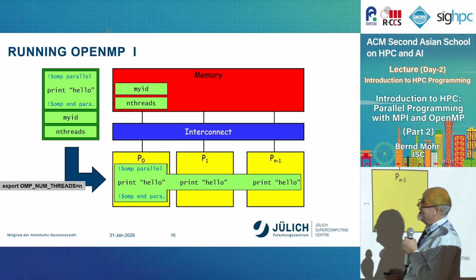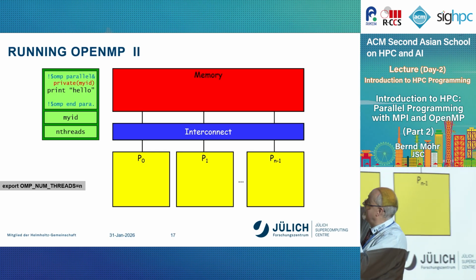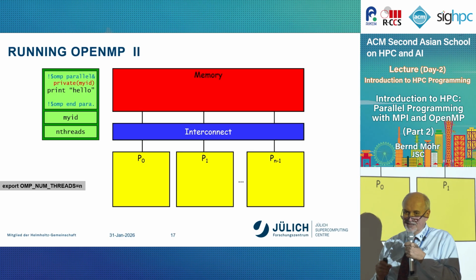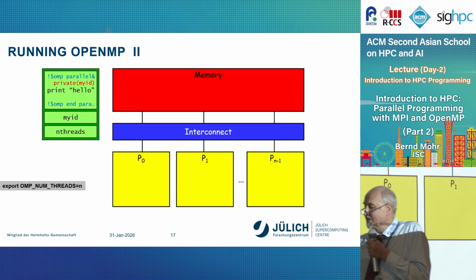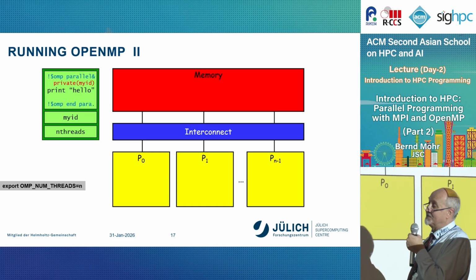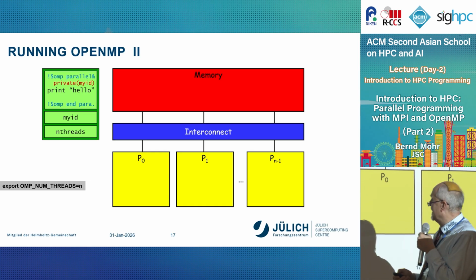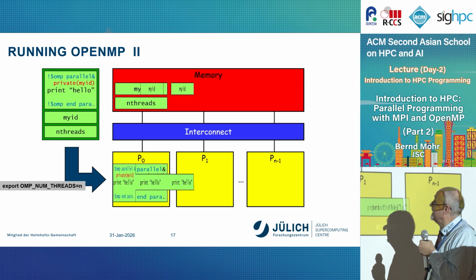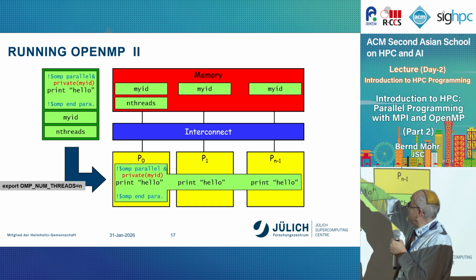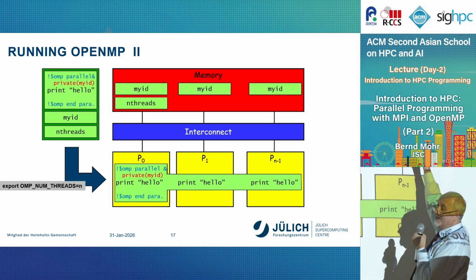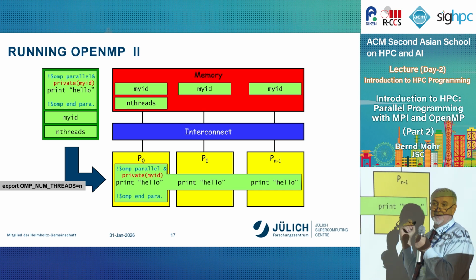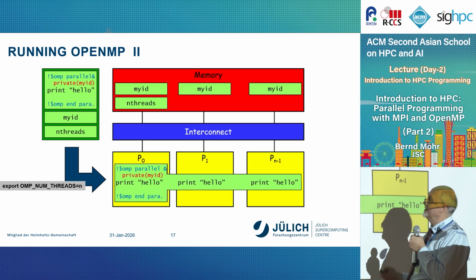Yeah? So what we have to do is tell that the myID is different, because we want it to be different on our processors, so we have to declare that this is private. Yeah? And then when we're running it, at least for this parallel region, it creates copies of this myID, and then we get different numbers. Yeah? This is the difference between shared and private.